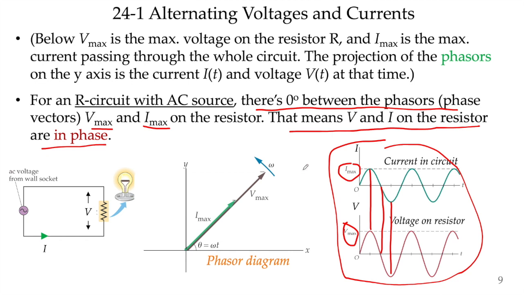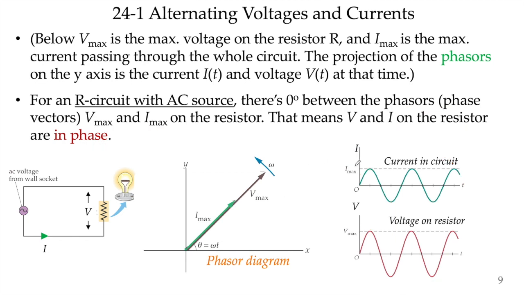Okay, so that means if I draw the phasors, now this green phasor is for the current, and this brown phasor is for the voltage. Now, because these are in phase, there is 0 degrees phase difference between them.